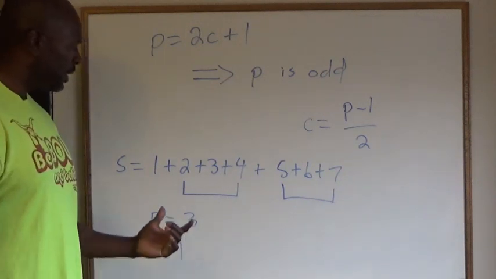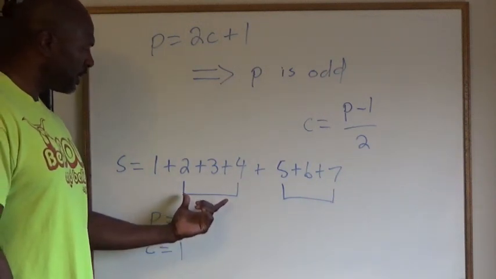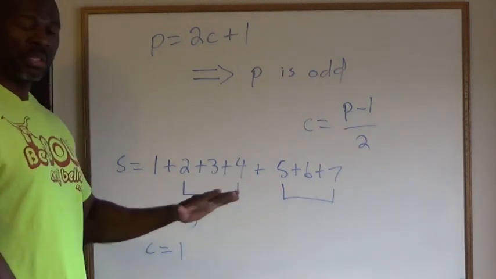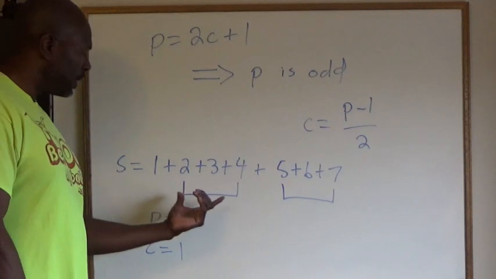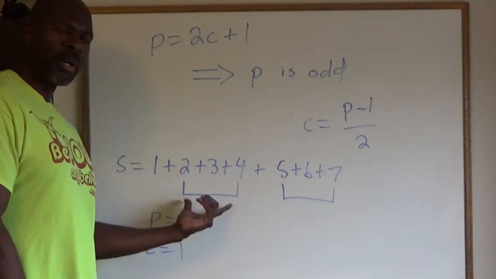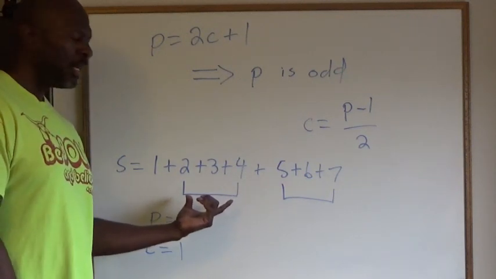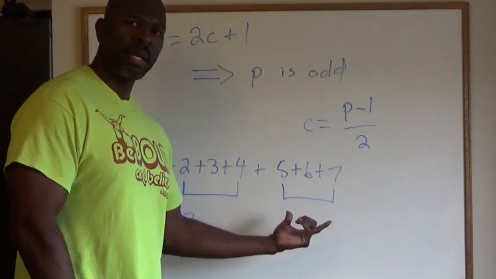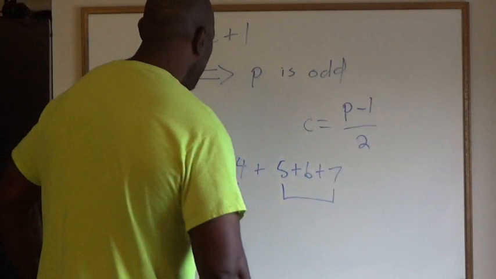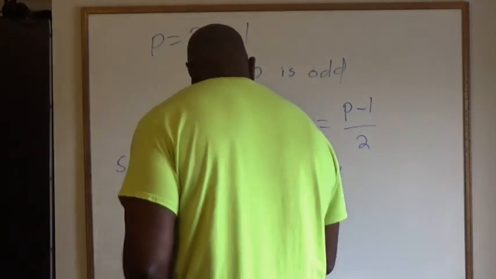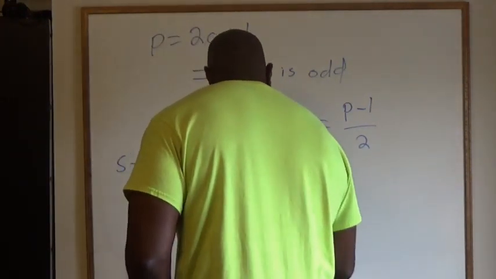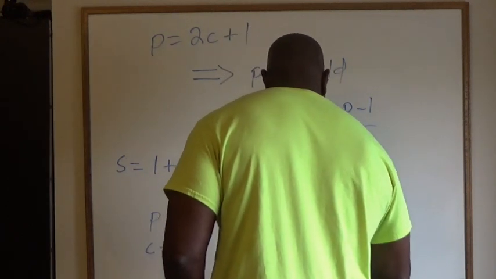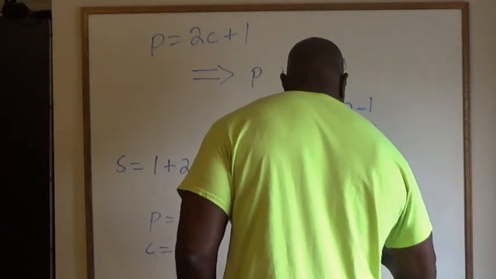Now when I was summing these partitions, this is an arithmetic sequence, arithmetic series, excuse me. When I was summing this, these sums are called a partial sum. So there's actually a formula to find the partial sum of an arithmetic series. That formula is S sub n is n over 2 times (a1 plus an).